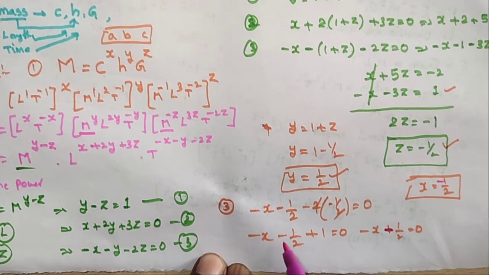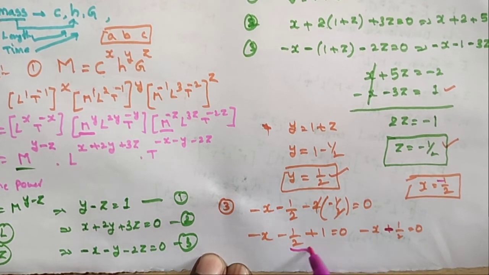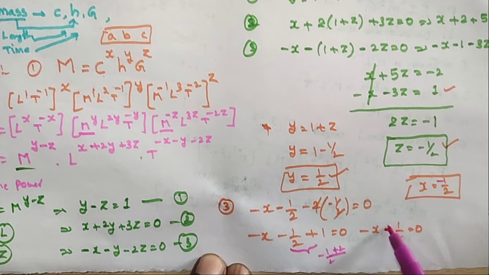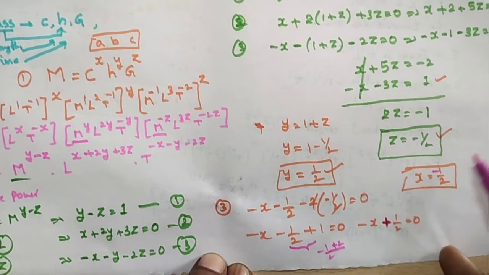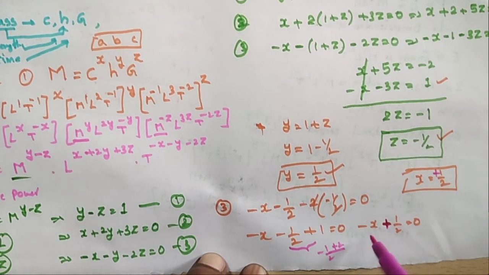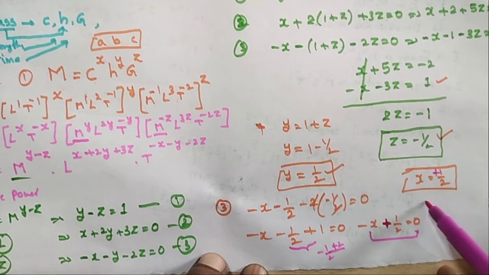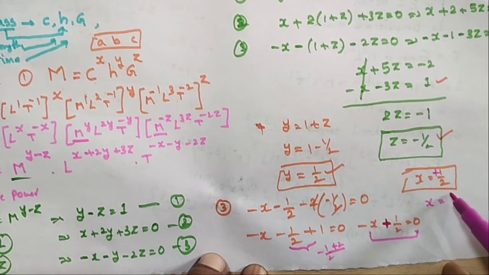Here minus x minus 1 by 2 plus 1. Taking the LCM, plus 2 minus 1 gives 1 by 2. Finally we get x is equal to plus 1 by 2.